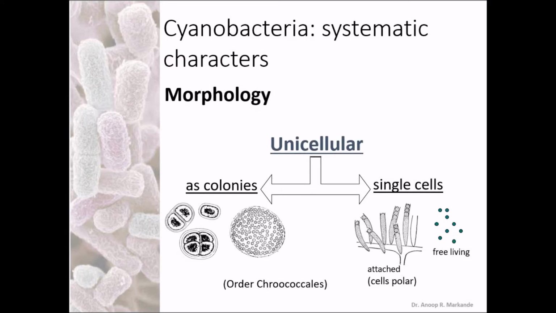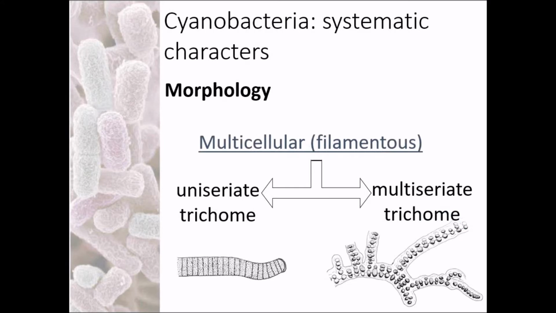On the basis of their morphology, they can be present as colonies or as single cells. They can be multicellular, like a trichome, or multiseriate trichome, where they are arranged in different forms.